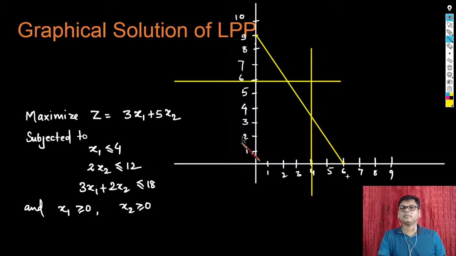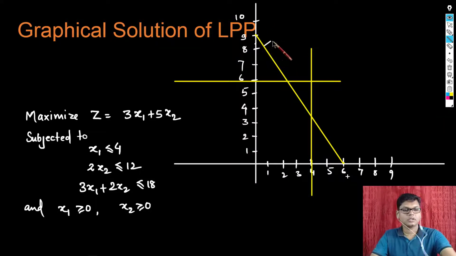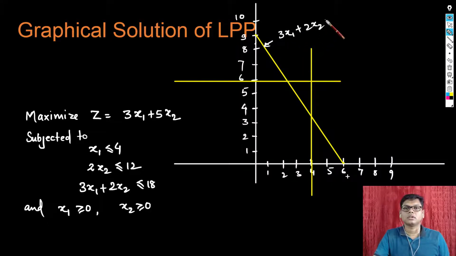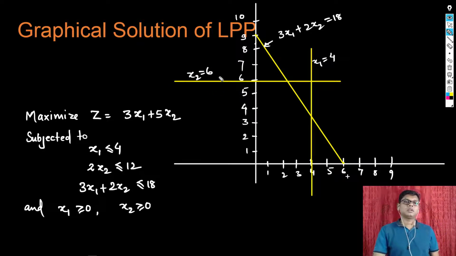Just name them so that we don't get confused. This line is 3x1 plus 2x2 equal to 18, this is x1 equal to 4, and this is x2 equal to 6. Now x1 should be less than 4, so this is the region. x2 less than 6 means this is the region, and less than means it should be below.